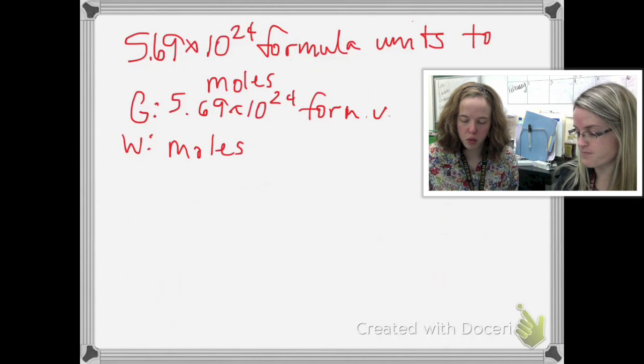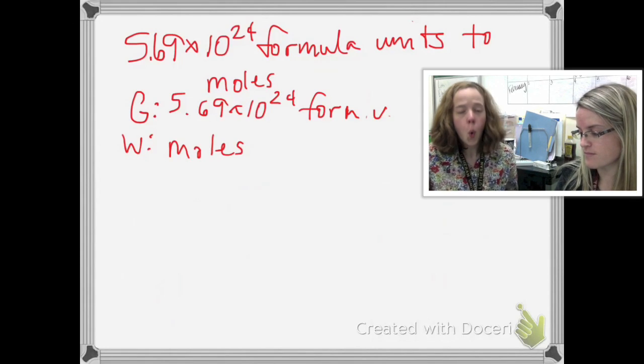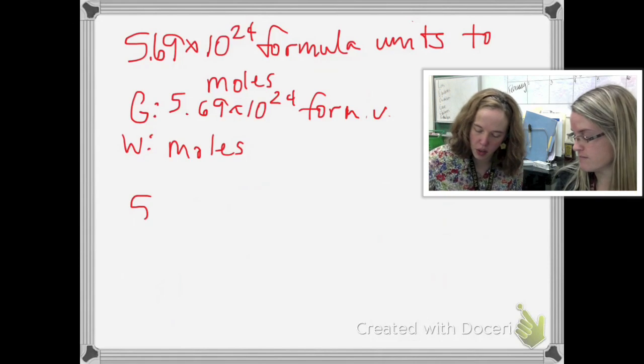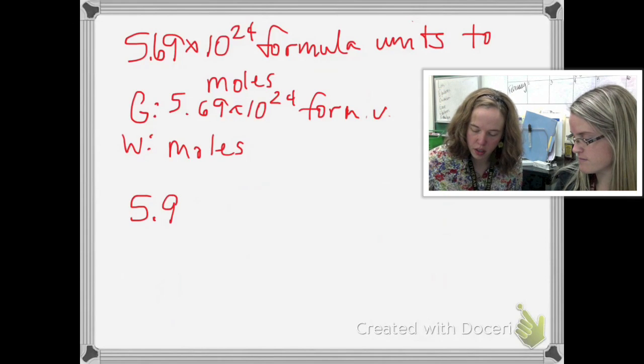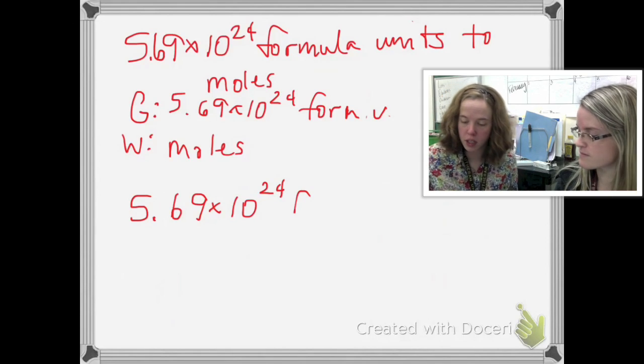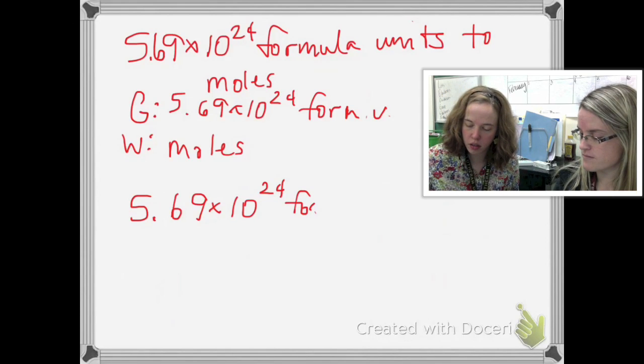So where do we always put what we're given? At the very, very front. We're going to do 5.69 times 10 to the 24th. And remember, you can't leave off your units. It's going to be formula units.